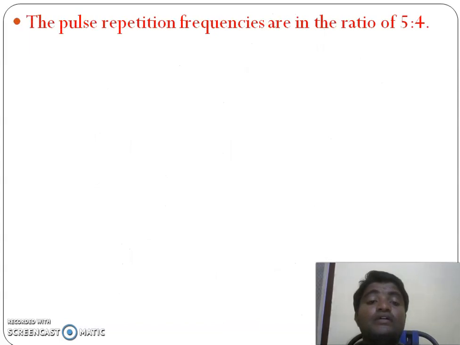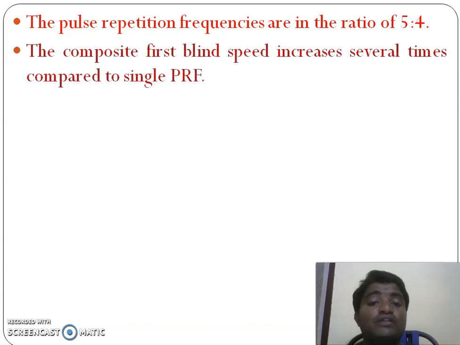The pulse repetition frequencies are in the ratio of 5 is to 4, and the composite first blind speed increases several times compared to a single pulse repetition frequency.